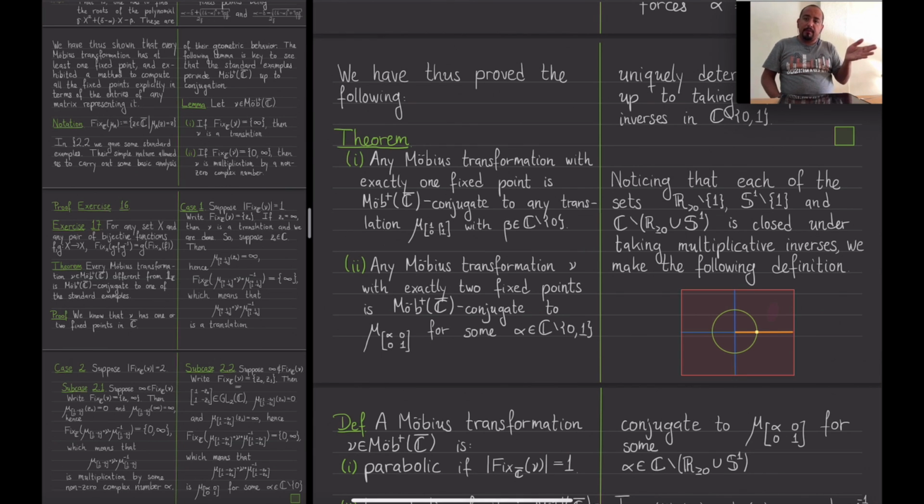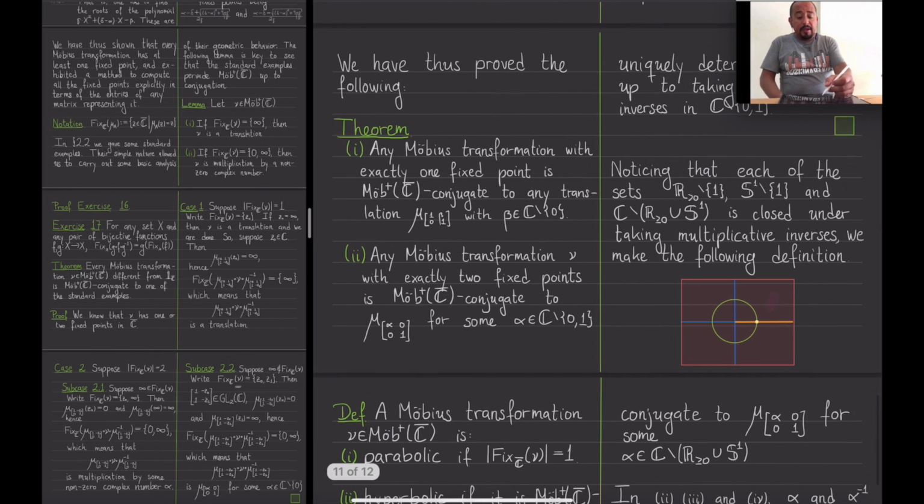Because each of them is conjugate to a translation, and all translations are conjugate. And any Möbius transformation with exactly two fixed points is conjugate to multiplication by alpha for some alpha which is almost completely determined by nu, because it's conjugate to this one, but also to multiplication by alpha inverse.